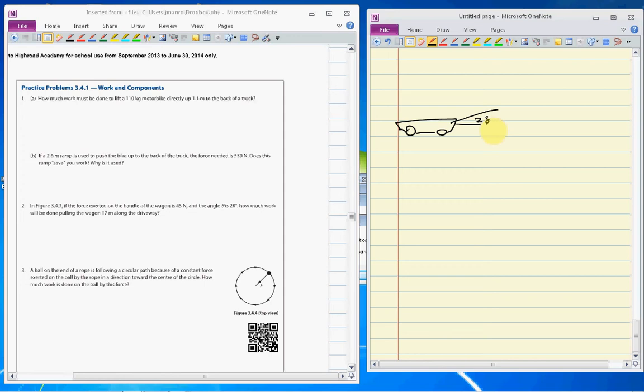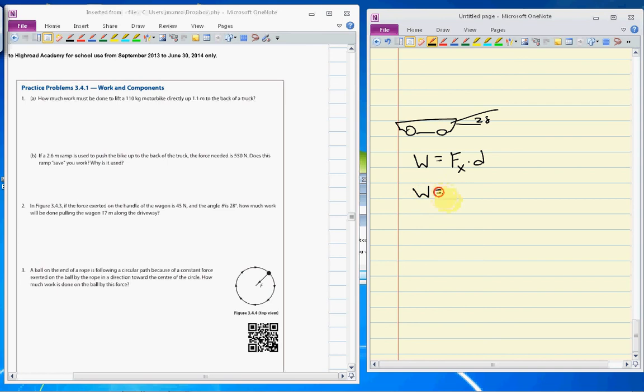Well, only the force in the direction of the movement is considered for work. And so in our example, work is only going to be equal to the x component, if you will, Fx, times d. Well, Fx is the cosine, right?